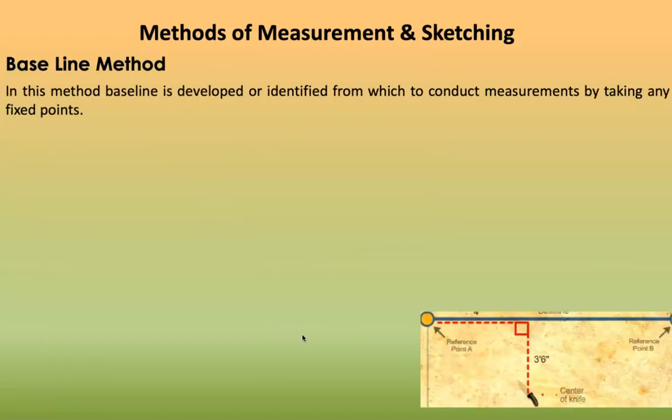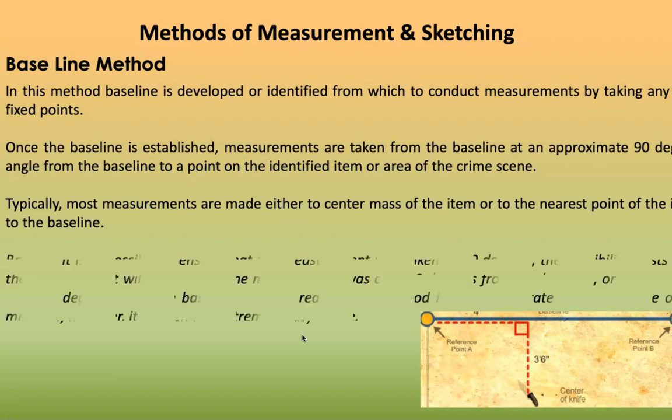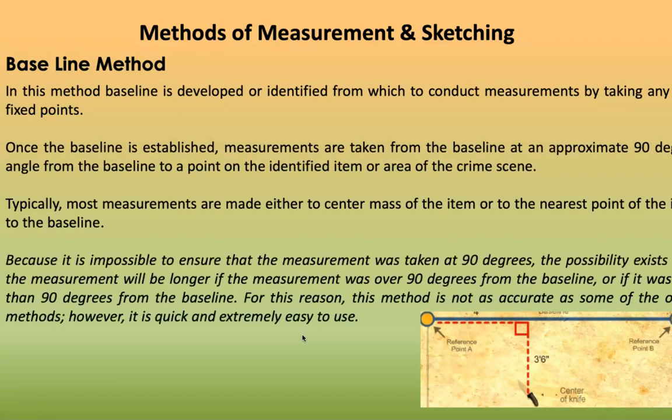Now the first method of sketching is the baseline method. You know, what method of measurement we have to apply during the sketching depends on so many things. So first of all, if the evidences are very few and the evidences are on the same plane, let's say they are on the floor, okay, and the crime scene is not that complicated, then you can use the baseline method.